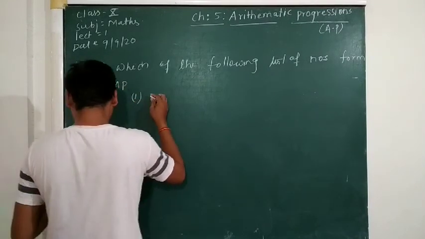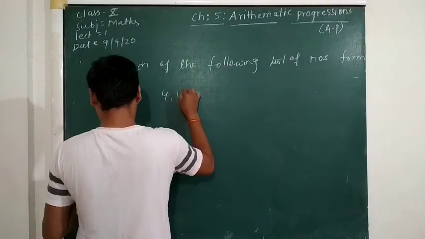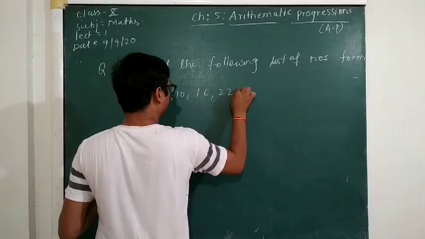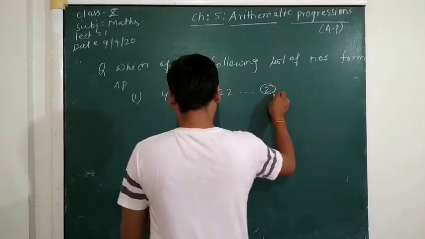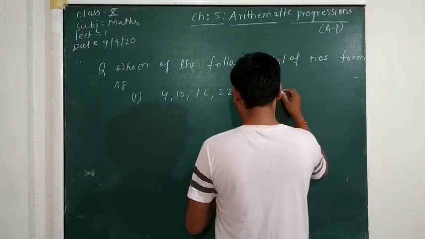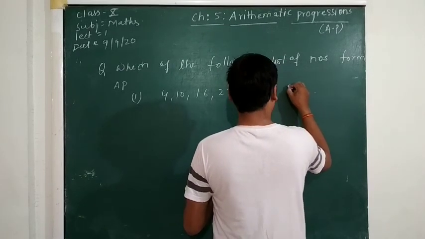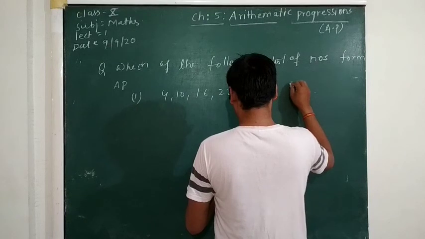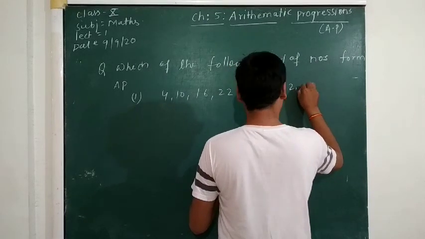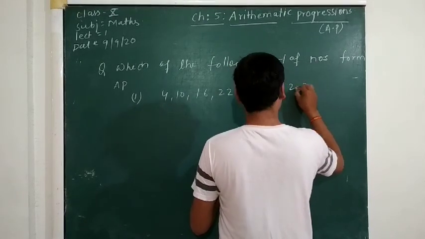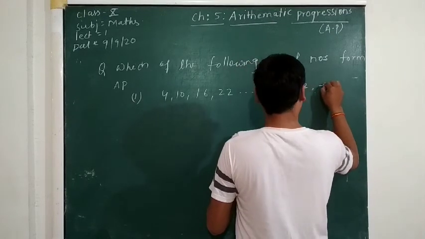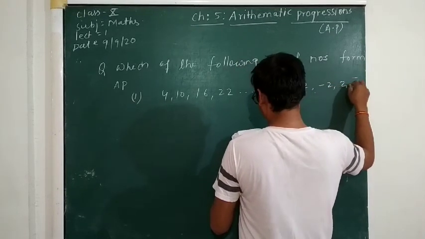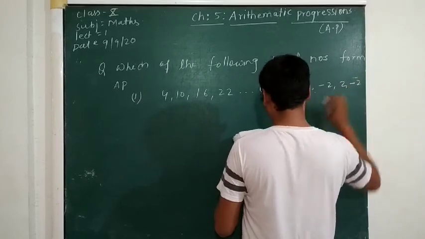Some numbers are given. So 4, 10, 16, 22 and that. The second one you can take here: minus 2, 2, minus 2, 2, then minus 2.